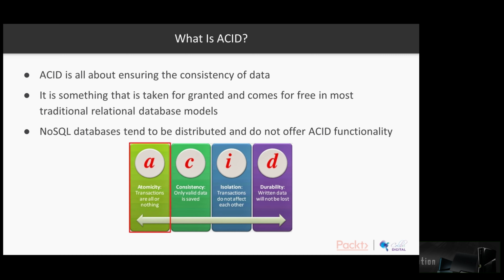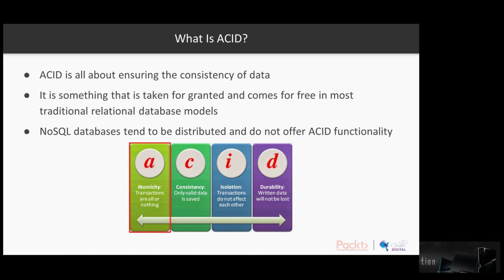Well, the A stands for atomicity. So that means transactions are either all or nothing. So you can never end up in a situation where part of your transaction succeeds. If we think about an airline booking system or a hotel booking system, for example, it's no good if the booking goes through, but they forget to take your payment data because that part of the transaction fails.